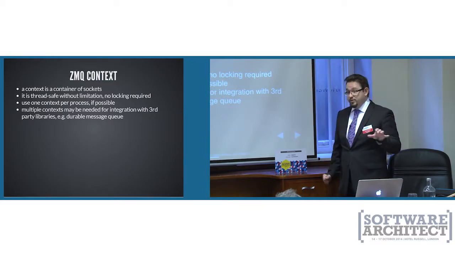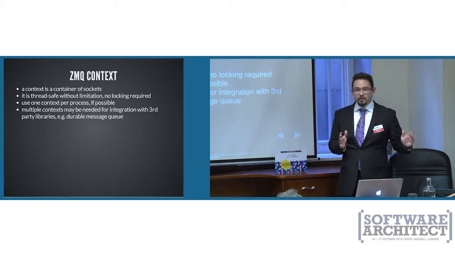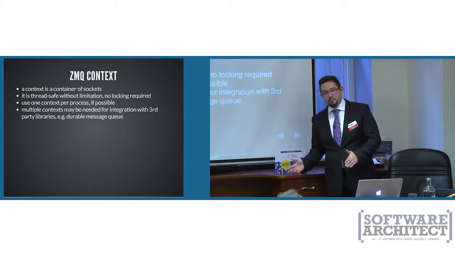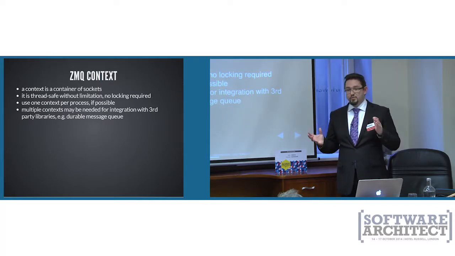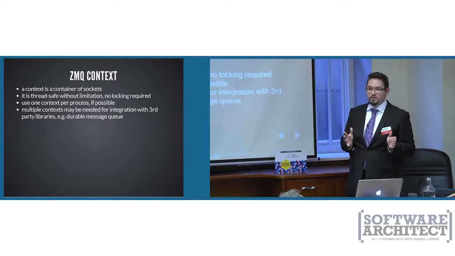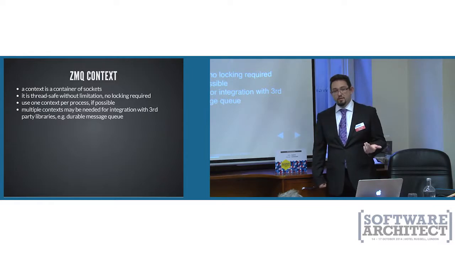ZeroMQ has two kinds of main components. One is a context, and another one is a socket. The socket will be very different from what you would expect if you programmed in Unix systems. So these are not domain sockets. They behave the same.